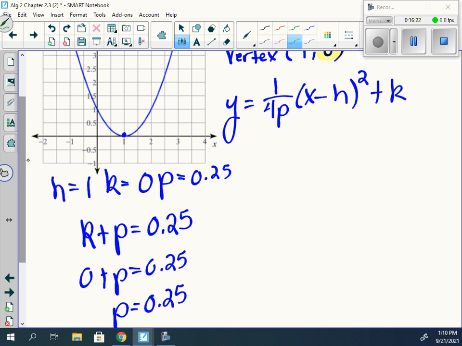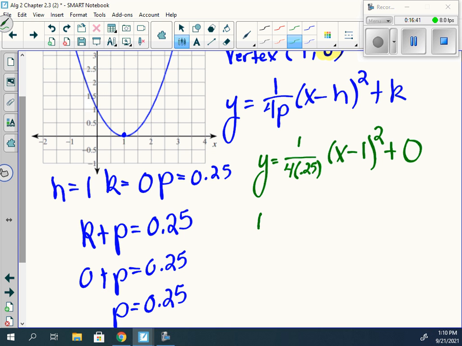Any questions on this here before we plug it in? So I have 1 over 4 times 0.25, parentheses x minus h is 1 squared plus 0. What is 4 times 0.25? 1. 1 divided by 1 is just 1. So we don't even have to include it.